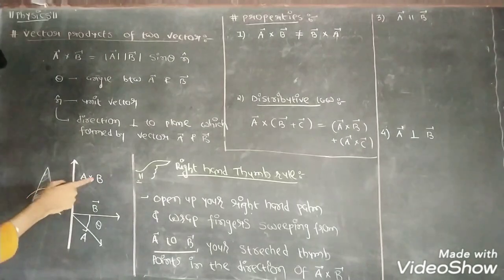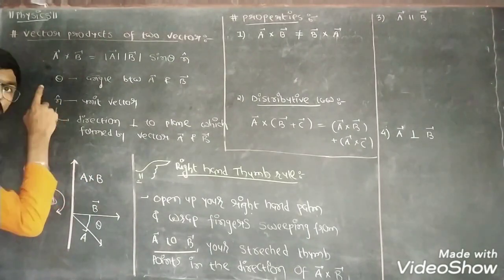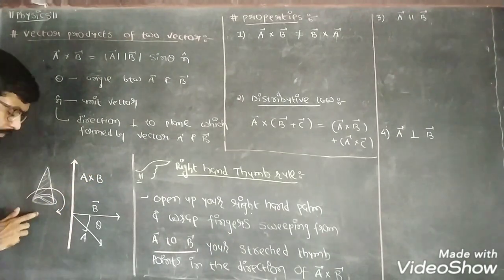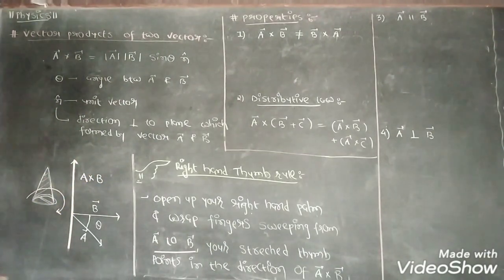If we have to find the direction of the n vector, or the direction of the product, then we have to apply the right hand thumb rule or right screw rule.